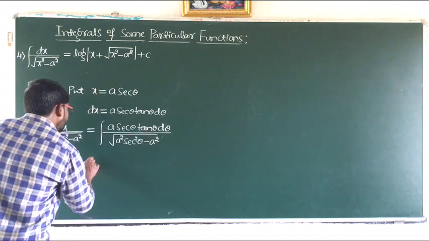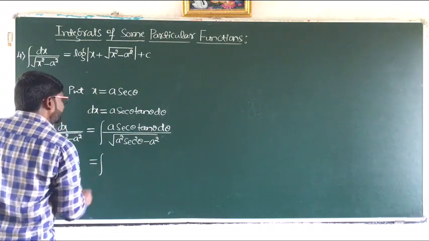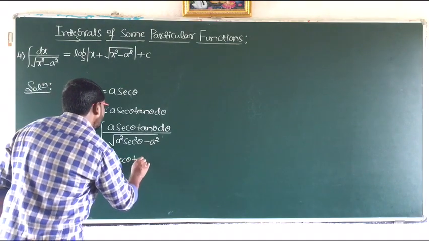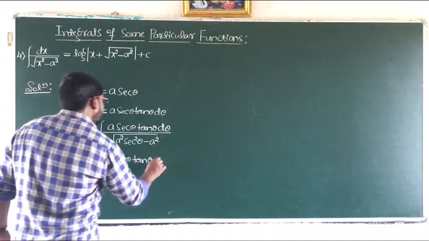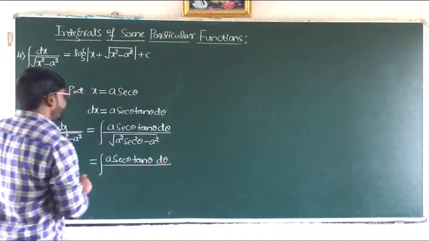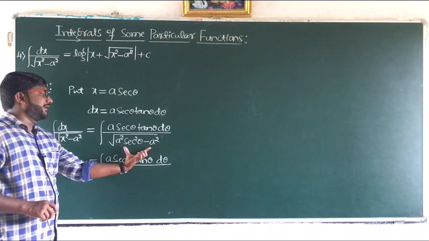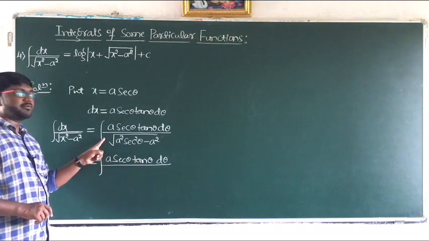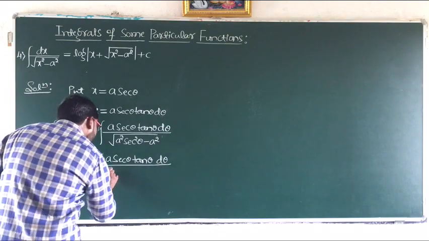So now this equals the integral, writing the numerator as it is, secant theta into tan theta d theta, divided by the following. Here we can take a square common, and if we take a square outside the square root, it becomes a. I write a here.